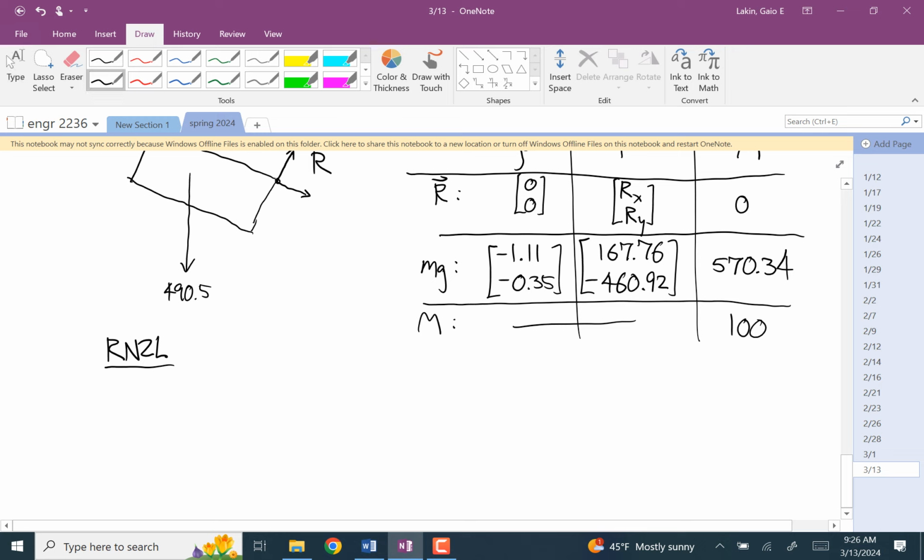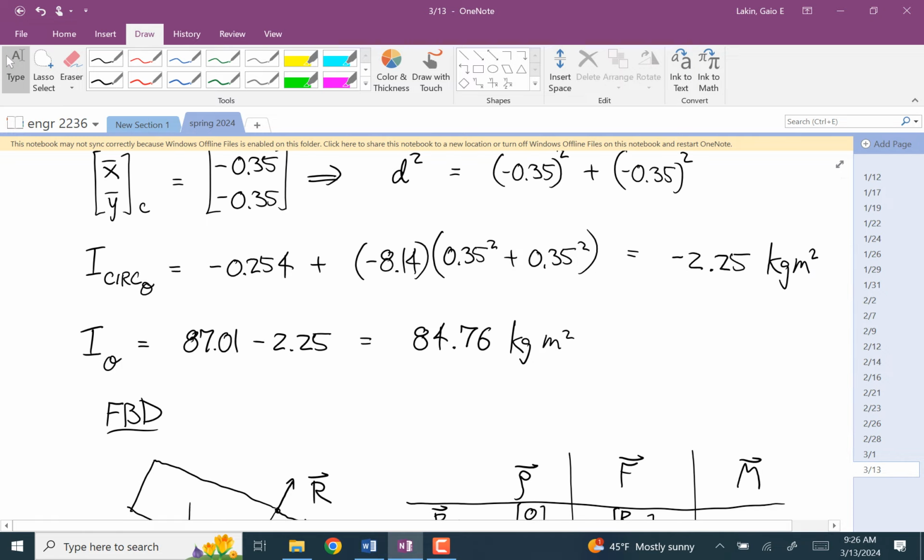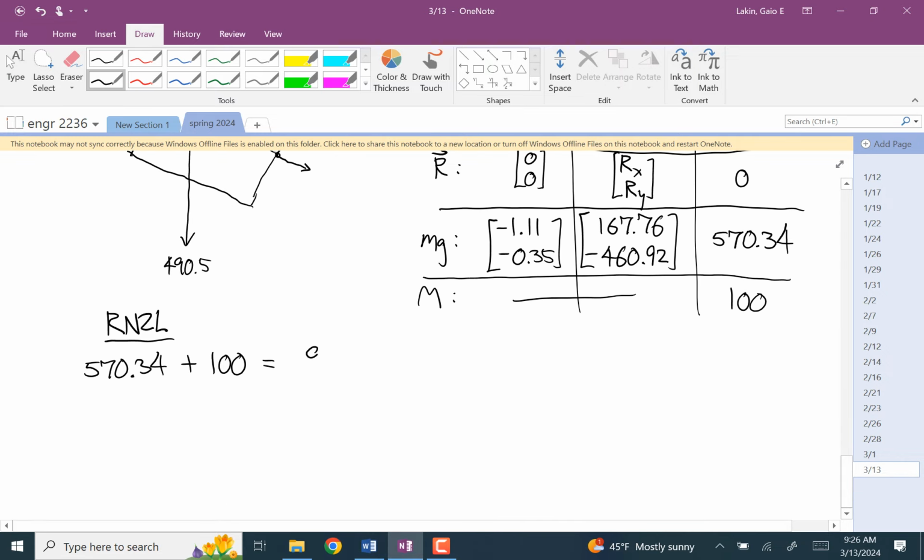Okay, so rotational Newton's second law says 570.34 plus 100 is equal to 84.76 alpha.